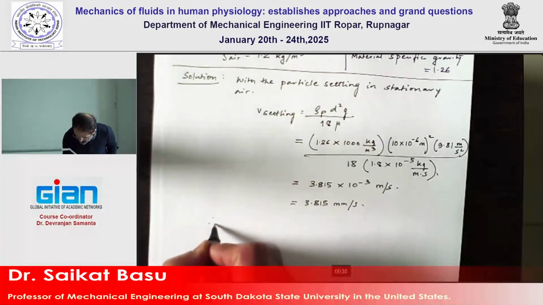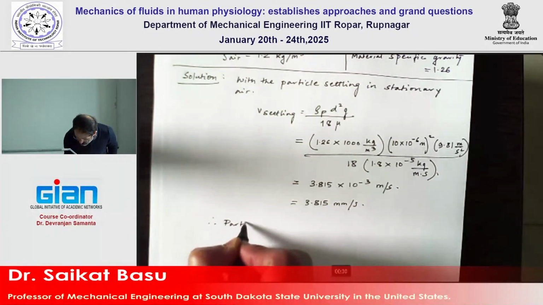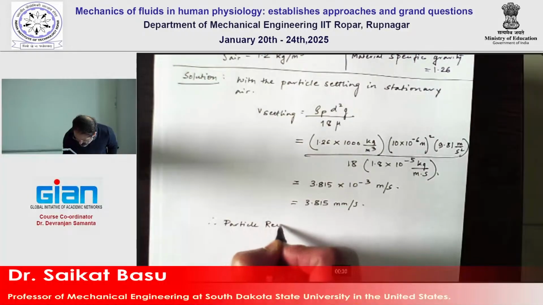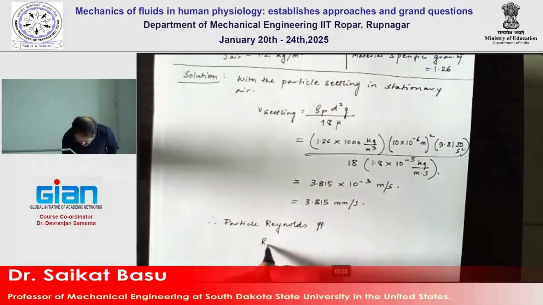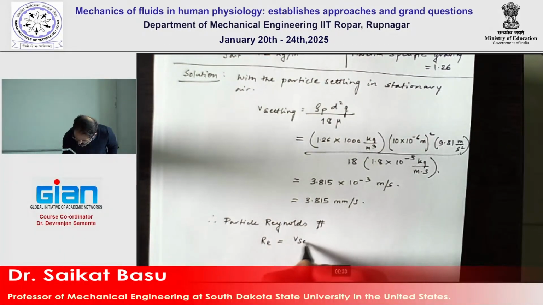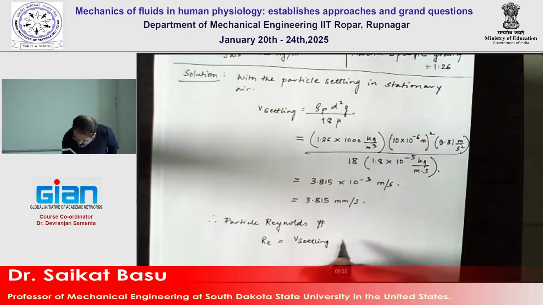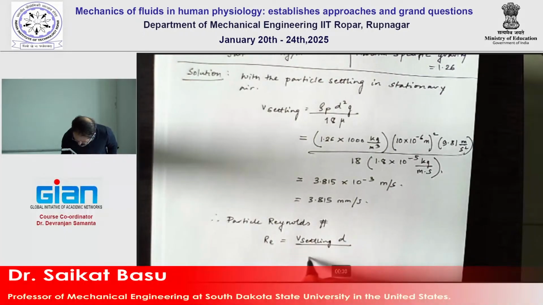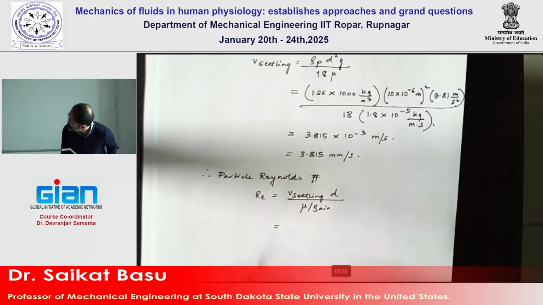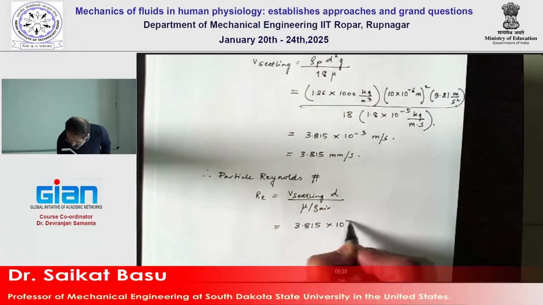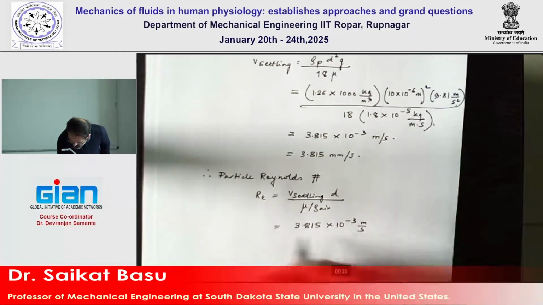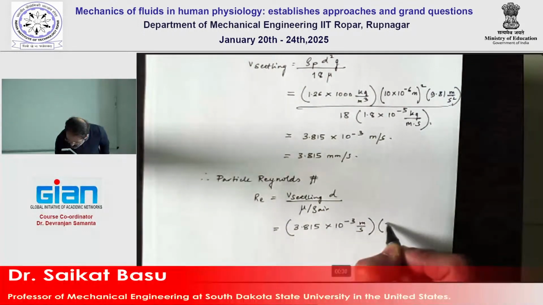Therefore, the particle Reynolds number is V settling d over mu by rho air. So V settling is 3.815 times 10 to the power minus 3 meters per second. D is 10 micron.